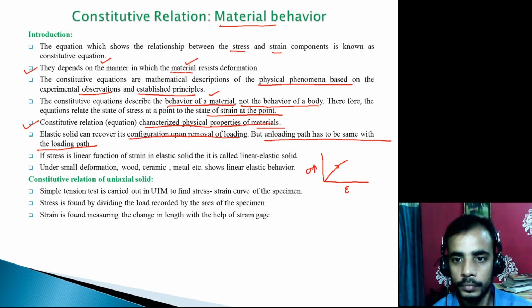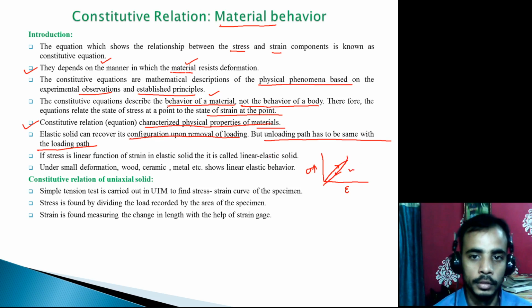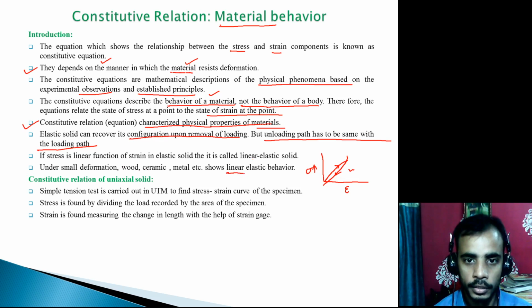So the loading path is this one, and if the unloading path is the same, then it will be a linearly elastic solid. But if the unloading path is different like this, then it will be non-linear or non-elastic. But under small deformations, wood, ceramic, metal, etc., show linear elastic behavior.